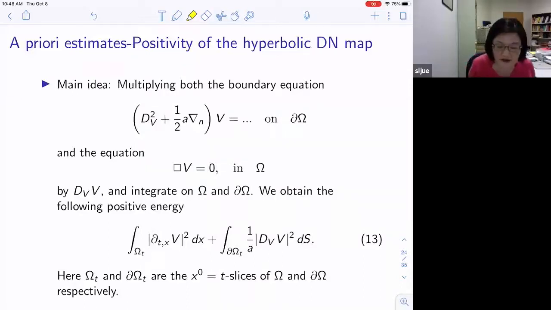Since this is quasi-linear, the natural thing to do is multiply by this quantity and then integrate. It turns out that it all works fine: the left-hand side is a positive energy.